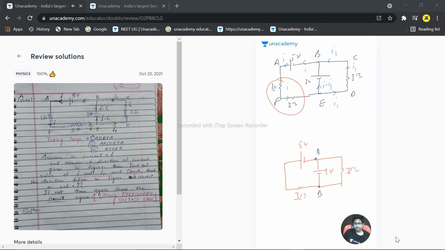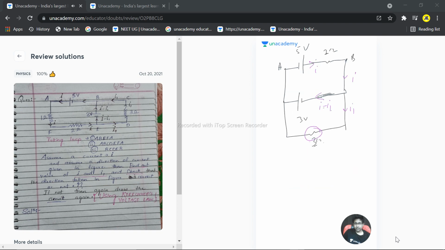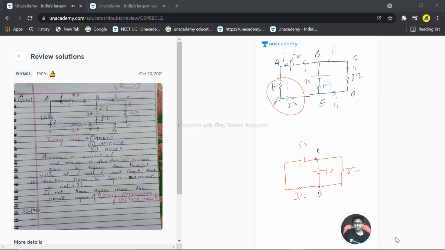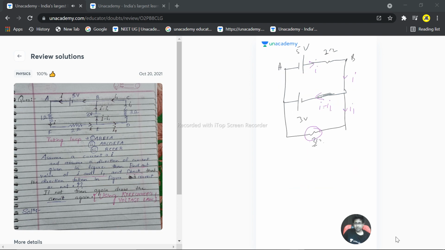I1 is flowing in this branch. So let's start solving. We need to calculate I and I1. So as per the figure, let's start solving this question.